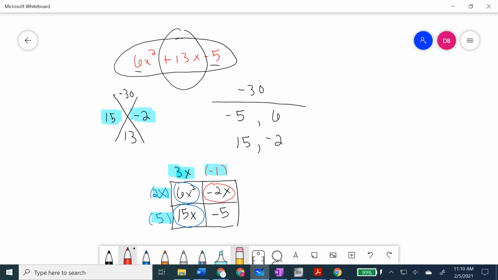So that needs to be negative 1. And here's the real cross your fingers point. Does negative 1 times 5 give you this box? If so, you are factored. If not, then you have to kind of restart this. But I'm not going to give you the tough ones where there are different ways that it'll show up. But that gives you the factoring: 3x minus 1 times 2x plus 5.